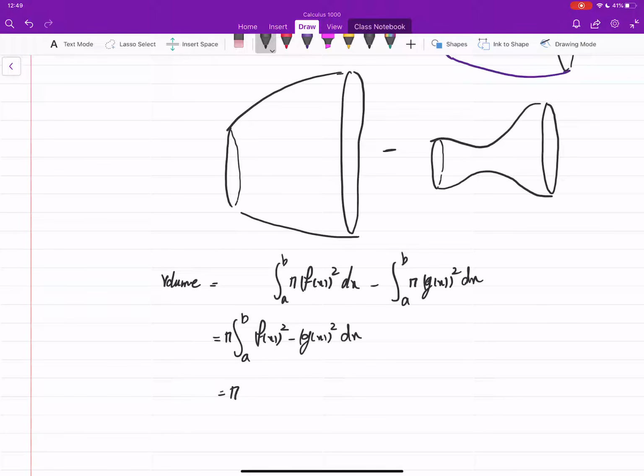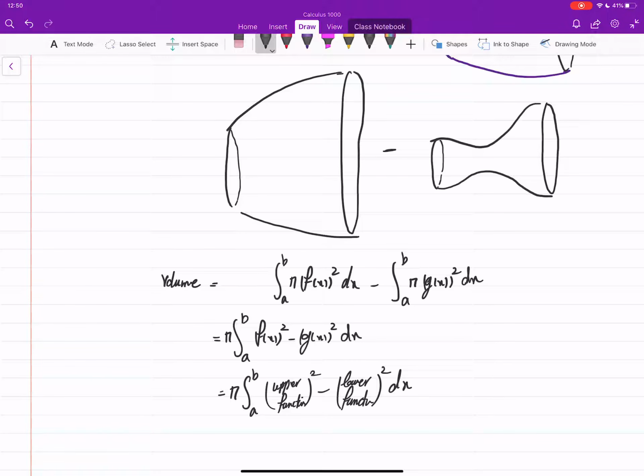Or, let me just write this version also, which always is helpful: upper function squared minus lower function squared, integrate, and then multiply by pi.